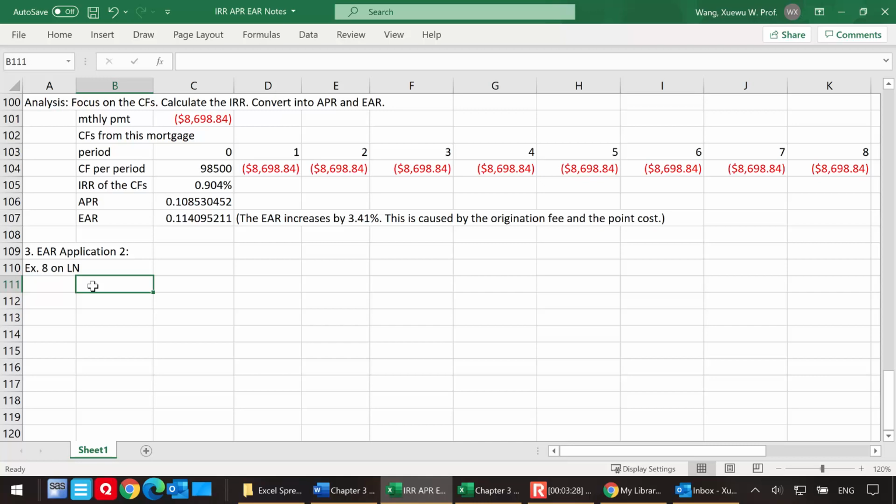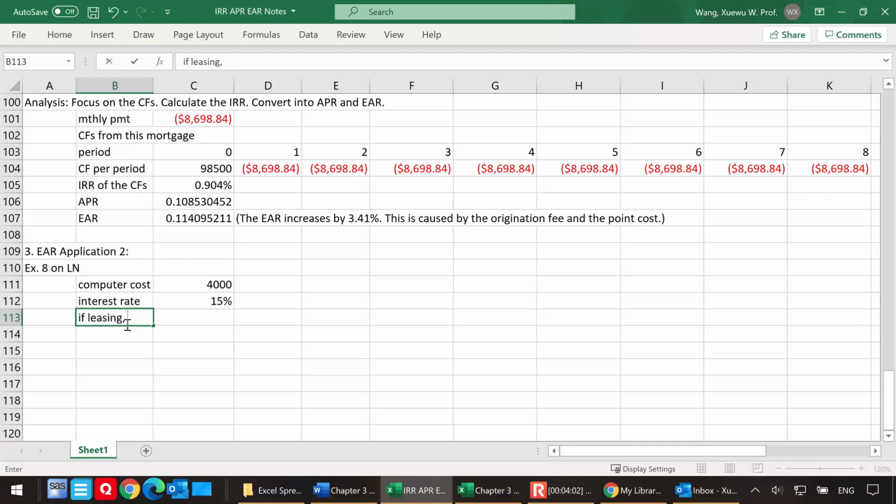If you want to buy the computer and you don't have the money, you borrow, and if you borrow, you pay 15%. So the question is, do you want to buy or lease? Let me transcribe the question into Excel. Computer cost is 4,000. If you buy, the interest rate for getting a loan is 15%.